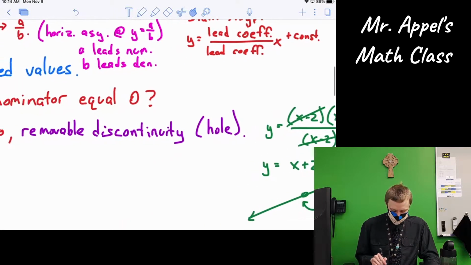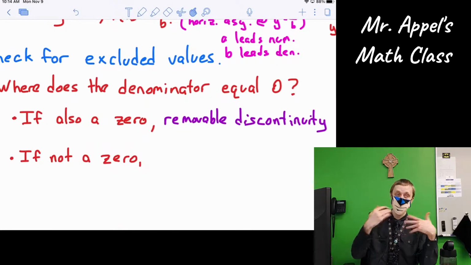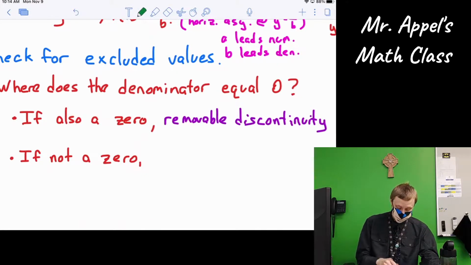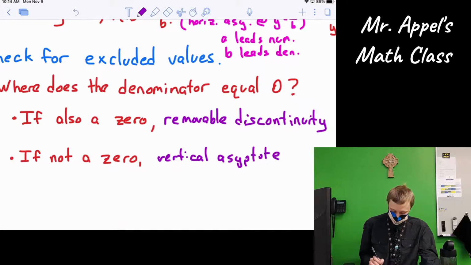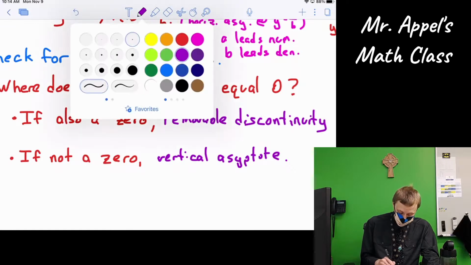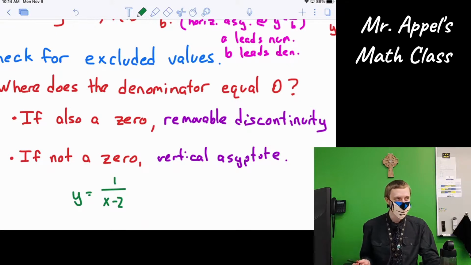All right. So the only possibility left, if it is not also a zero, then your excluded value becomes the vertical asymptote. So when you have y equals 1 over x minus 2, x cannot equal positive 2.